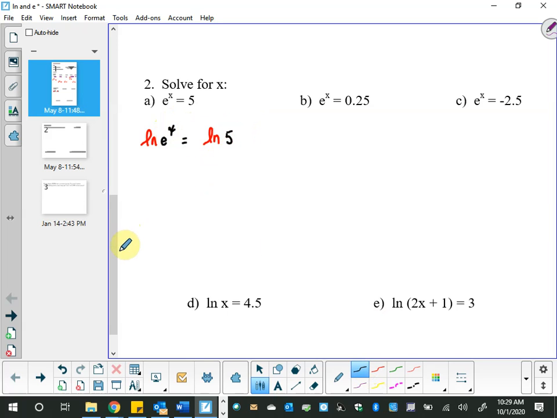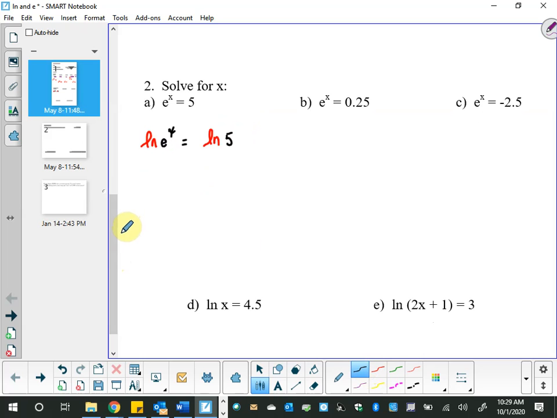Now, I think about lawns as in front lawns, as in that space in front of your front porch. So the ln has to be applied in front of what was already there. So if I go on to the second question, it's the same deal. You put the ln in front to cancel the e.